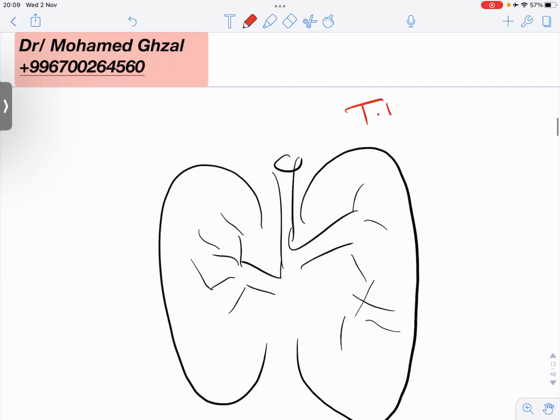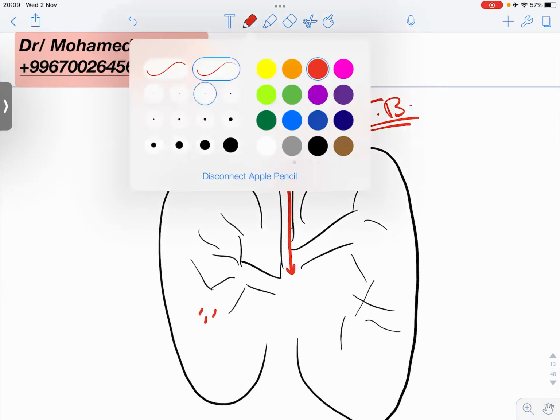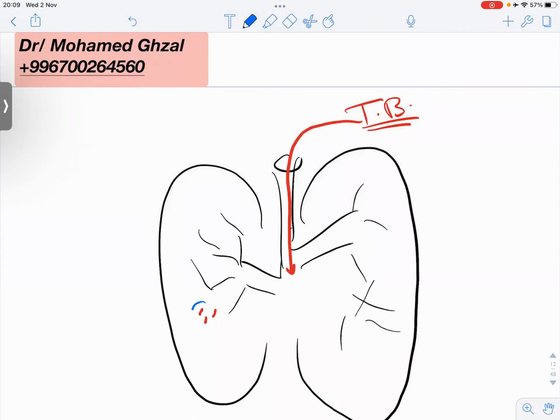The bacteria which cause tuberculosis will go inside the lung. And after that, we have macrophages, which will engulf the bacteria.